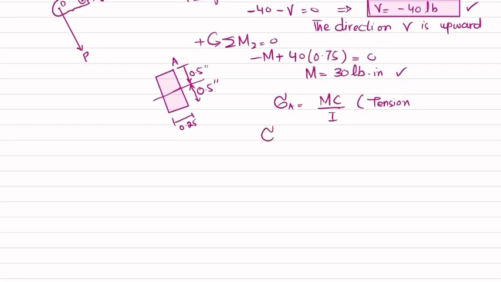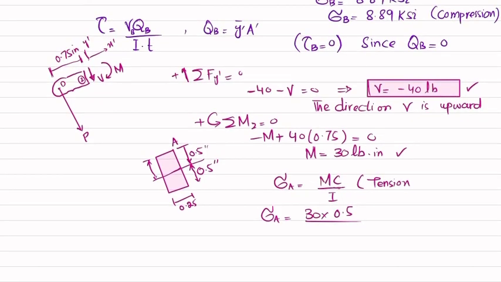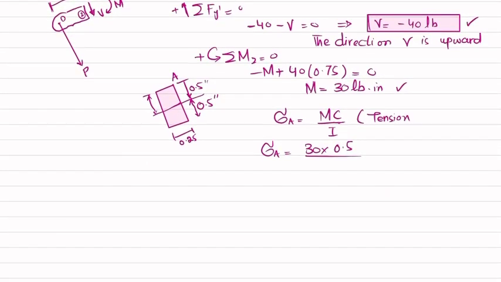Okay, so you can just put the values. 30 into c, which is the distance from the neutral axis to the top, which is 0.5. Clear? And divide by I, which we will calculate for this one. I will be equal to 1 over 12, b is 0.25 and height is 1 cubed.